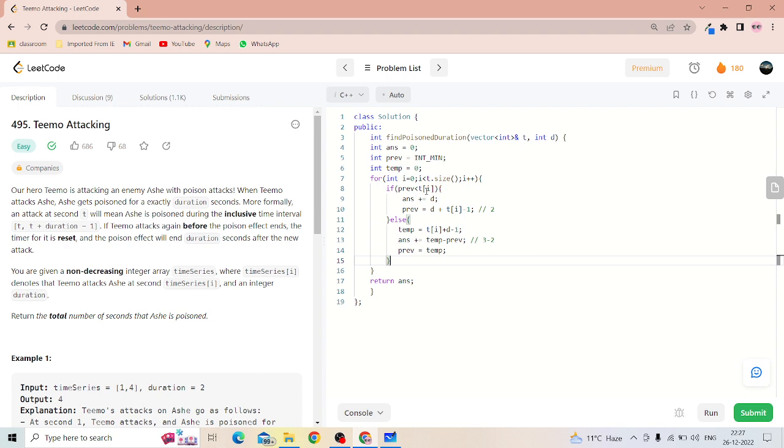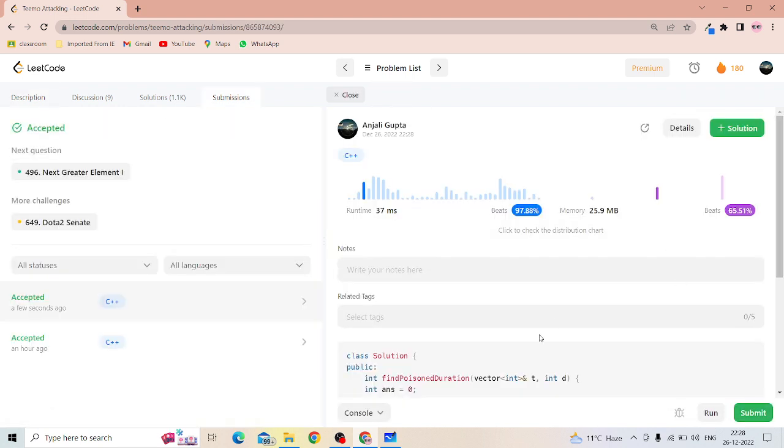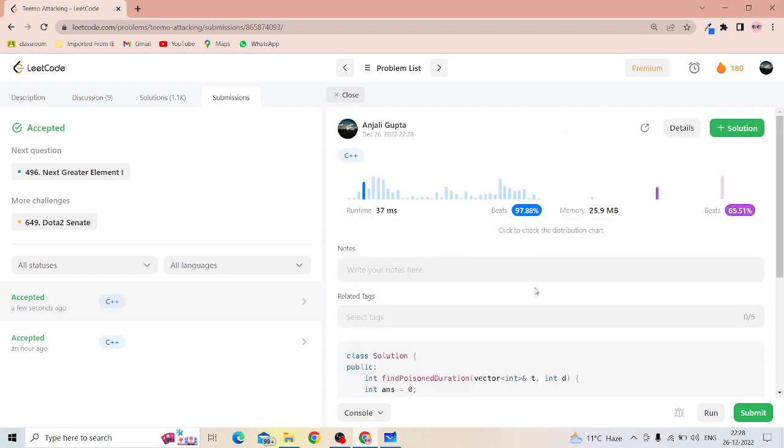And if it is less than time series of I, then we are simply adding to the answer and updating the previous. Then at last we are returning the answer. So we can run the code. So our code is working, and its time complexity is order of n. Thank you.